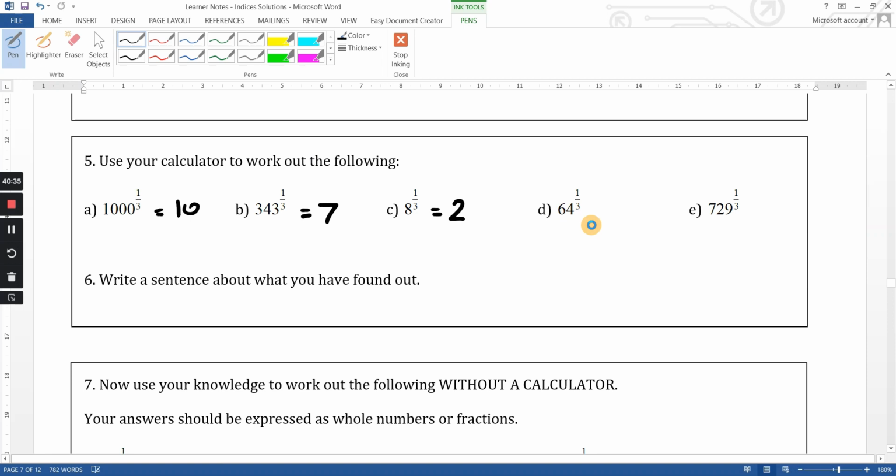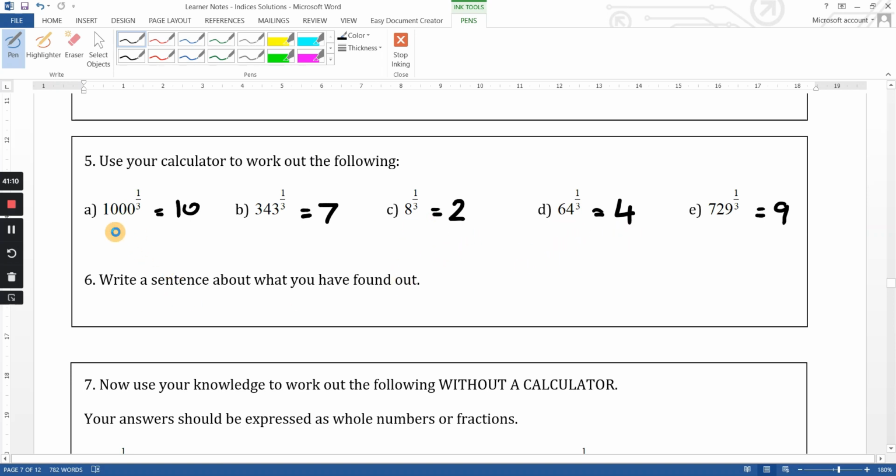I'll do a couple more and hopefully you should see what the pattern is. This gives me 4, and I'll do the last one, 729 to the power third. I get 9. So hopefully you've noticed, especially from the first one, third one, and the fourth one, you should recognize that these are the cube roots.